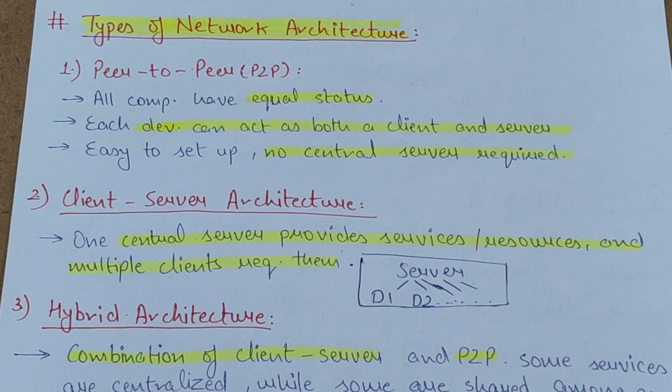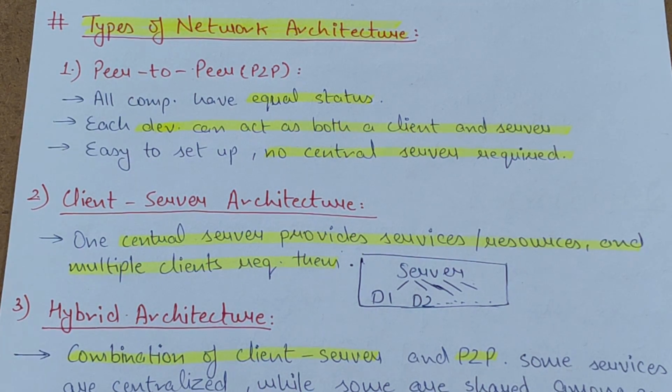As I told you in the second point, each device can act as a client and a server both, so there's no need to set up a central server, and there is no additional cost required to set up a central server which accepts and rejects the client requests.